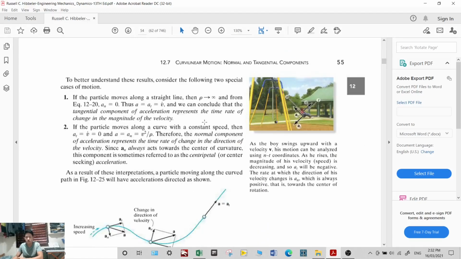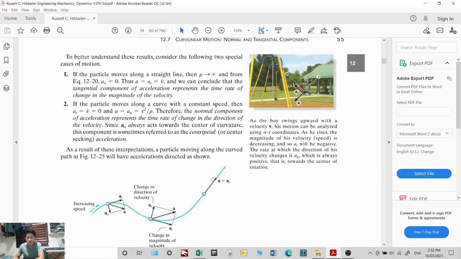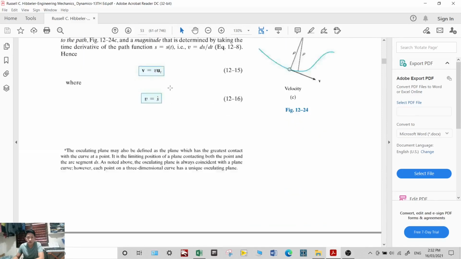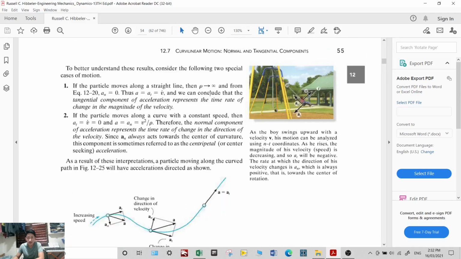Here are some important points, or the special cases of motion. First, if the particle moves along a straight line, then the normal component of acceleration is 0. Why?